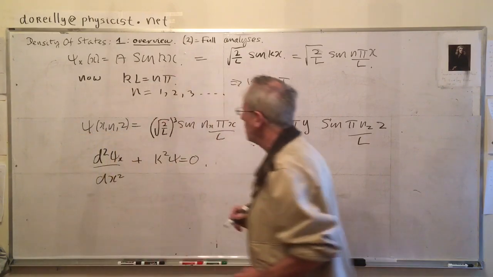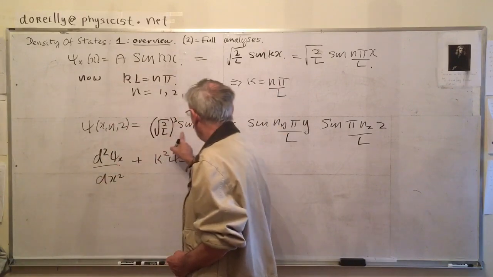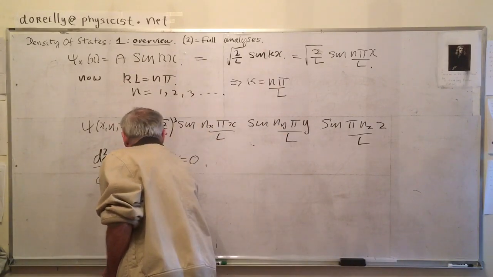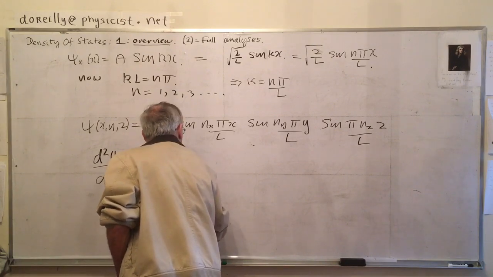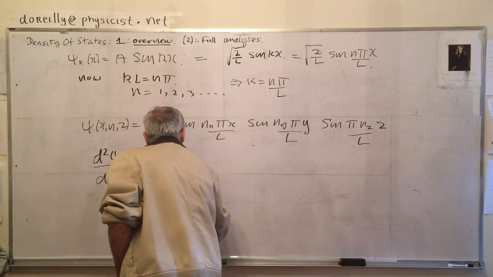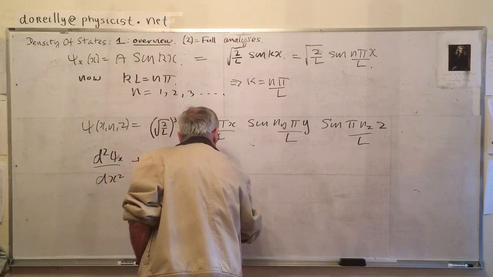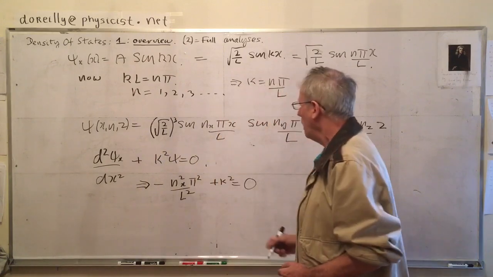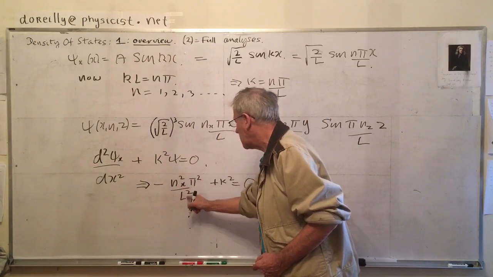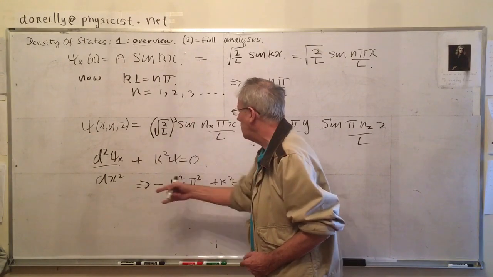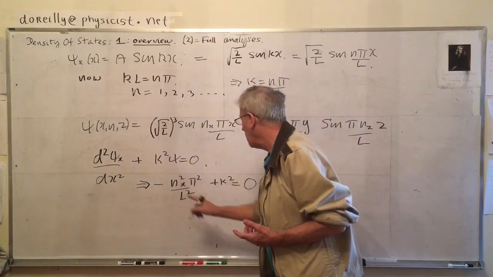Let's look at the x direction only first. The derivative of twice gives me, in the x direction, if I take the second derivative of this function, it pulls out an n pi over L, and then a second derivative gives me a minus sign because I'm taking the derivative of cosine and another one of these factors.